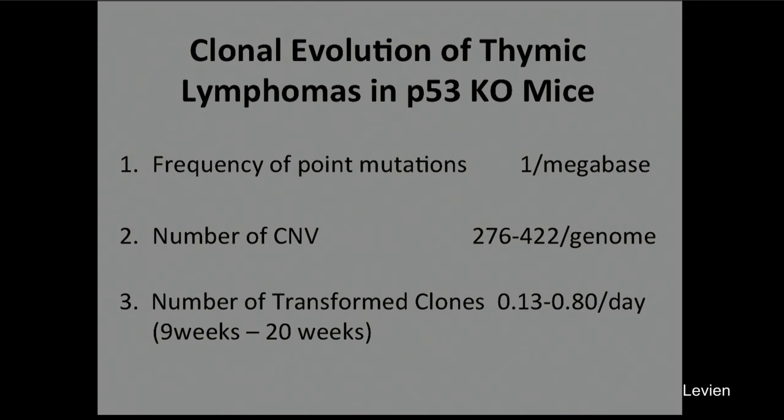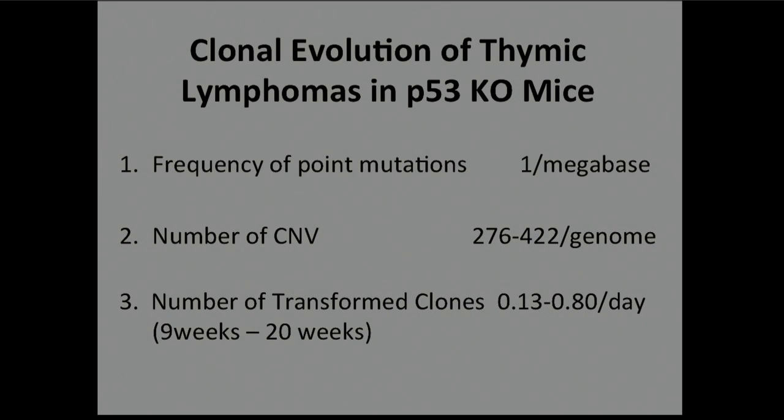And as you'll see in a few minutes, every tumor suppressor gene we've lost is due to deletion. Every oncogene is due to amplification, right? And so the nature of the mutations driving the tumor is through these copy number variations.